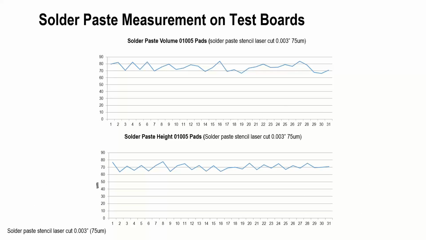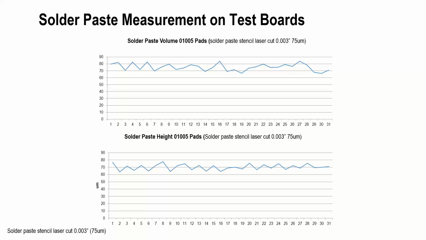So just as an example, what a typical AOI, automatic optical inspection system, an SPI system would do is produce some data. And I'm just showing you 3 examples of some studies that I did a couple of years back. And this is on solder paste volume measurement on 01005 pads. These are the small resistors and capacitors, and also height measurement. And I'm not saying this is good or bad, I'm just showing you an example.